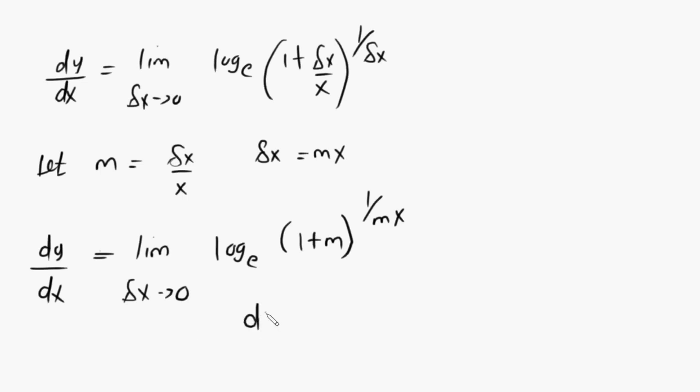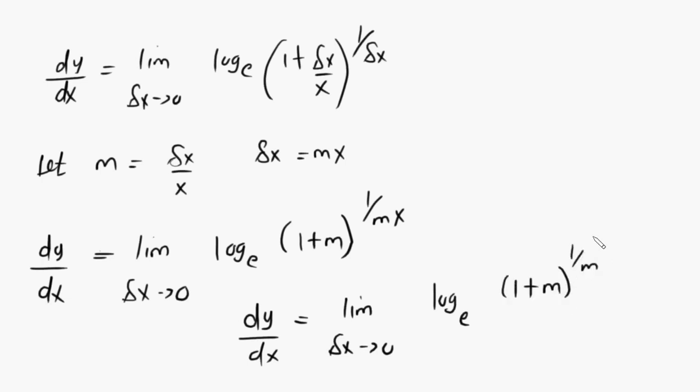So dy/dx is equal to the limiting value as delta x approaches 0 of the logarithm to base e, hii itakuwa ni (1 plus m) to the power 1 over m, and then hii sasa ni rules of exponent, okay? Kwa hiyo hii nikiingiza ndani inakuwa hivi, sawa?